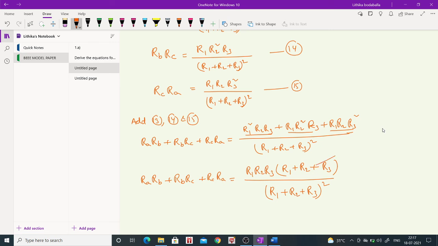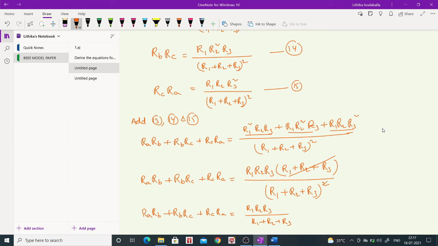See here, R1 plus R2 plus R3 and one R1 plus R2 plus R3 will cancel out of twice. So what I am left with is RA RB plus RB RC plus RC RA is equal to R1 R2 R3 divided by R1 plus R2 plus R3.